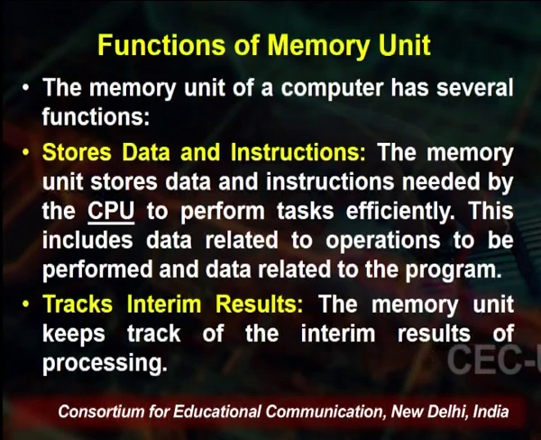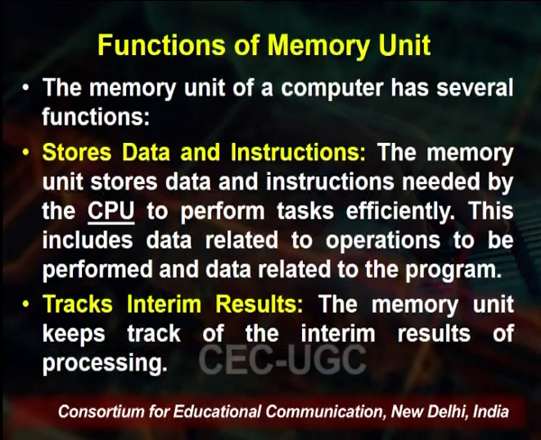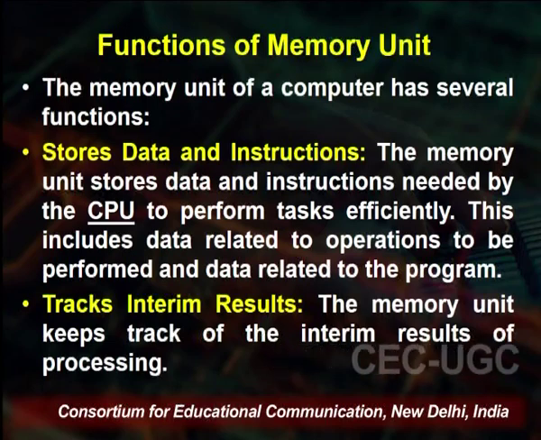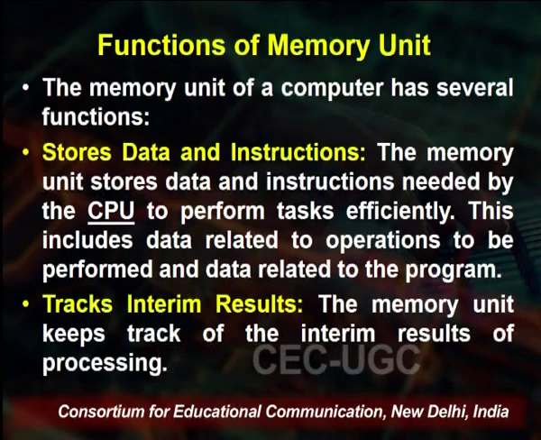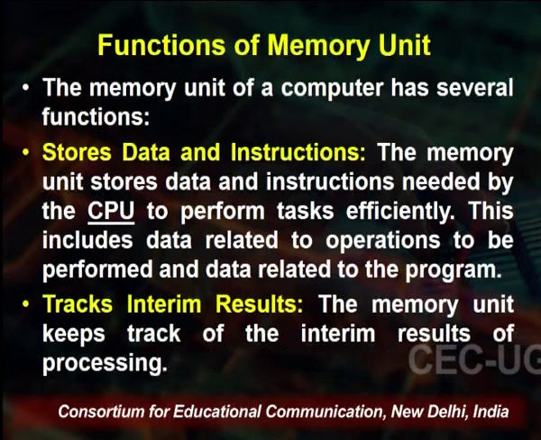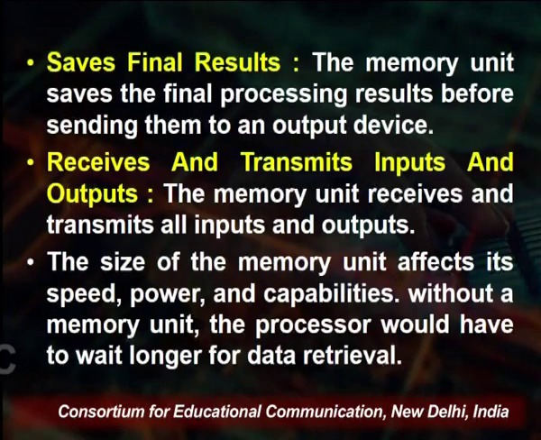Next, it tracks interim results. The memory unit keeps track of the interim results of the processing. As you get the data, the processing will be done, so the interim data will be held in the memory unit and it will keep track of that data. Next, it saves the final result.